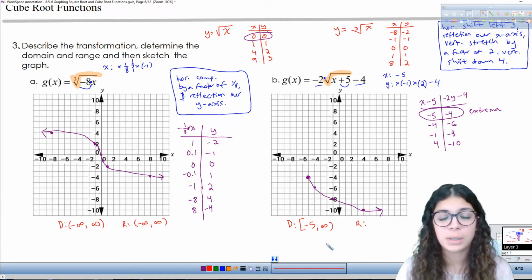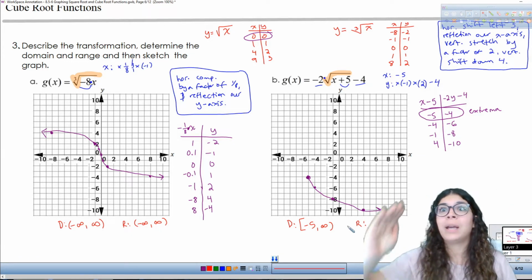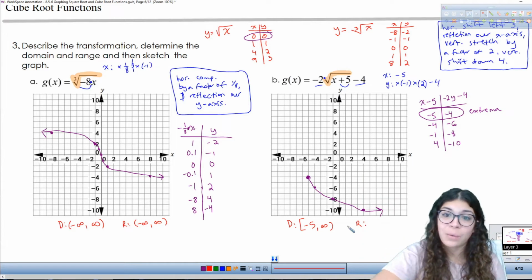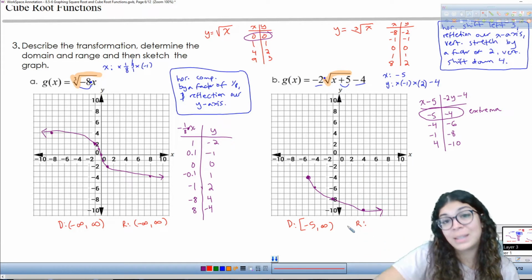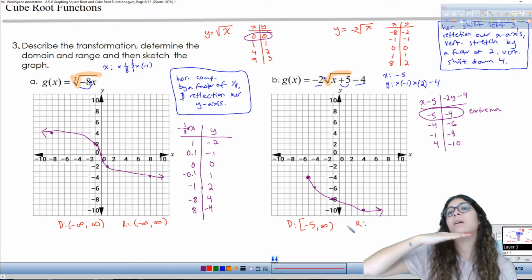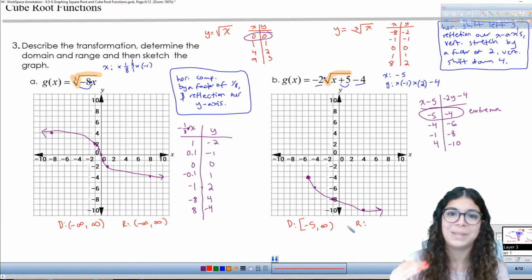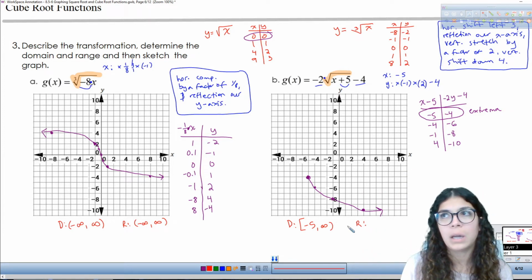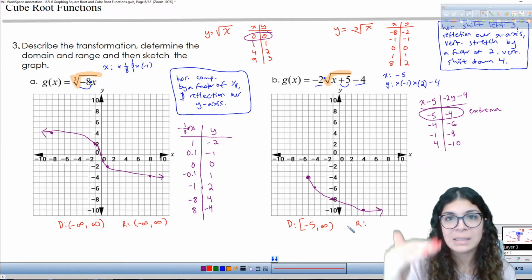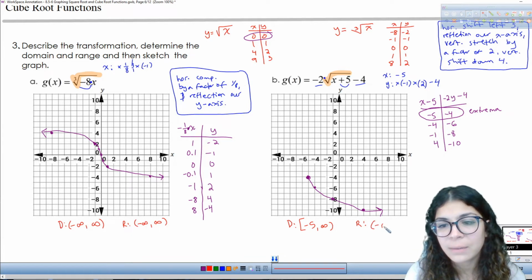Now, what about the range? We reflected it over the x-axis, so now instead of pointing up, we're pointing down, which means the lowest is the arrow, going to the smallest value, -infinity, and then the highest value will be -4 because we had to shift the extrema down 4 units. So the range will be from -infinity to -4.